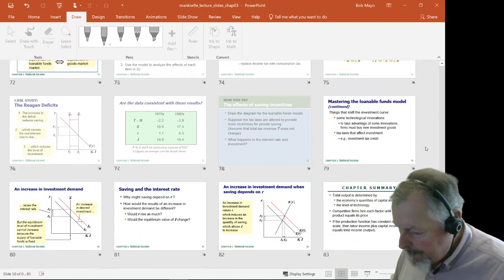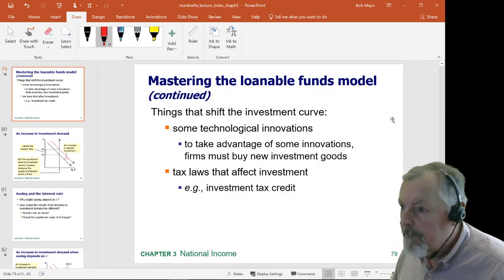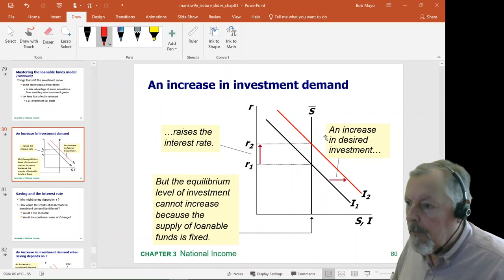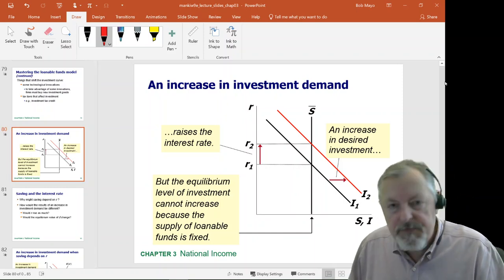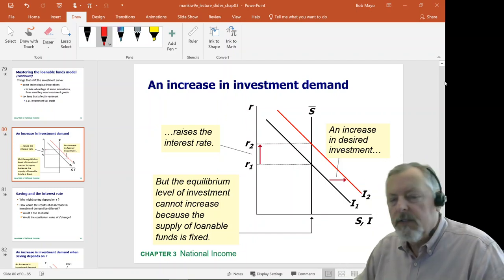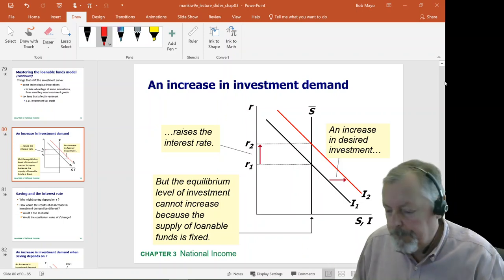Let's see. Here we go. Here's a nice example. What happens if there's an increase in demand for investment? Some technological breakthrough makes investments more profitable.